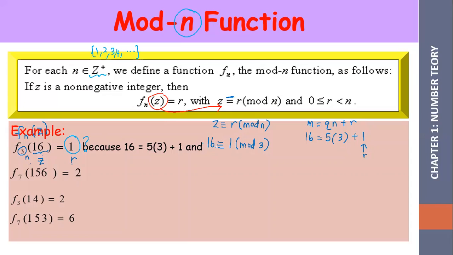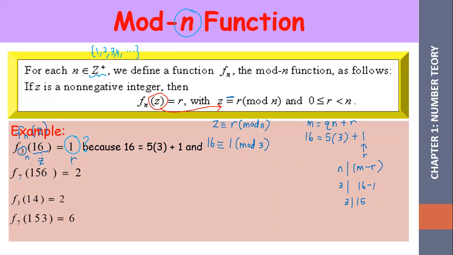How do you know it is congruent? You can check: n divides m minus r. n is 3 divides 16 minus 1, which is 15. So of course 3 divides 15.